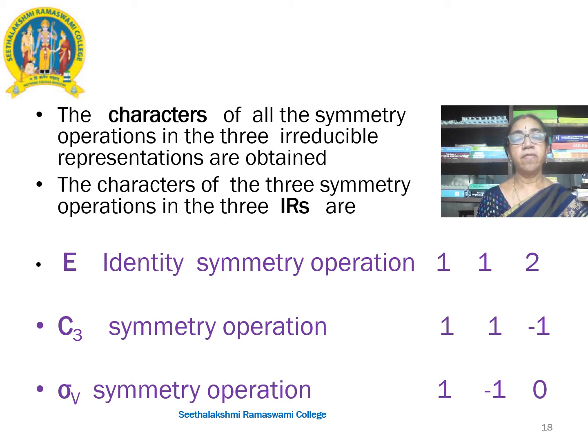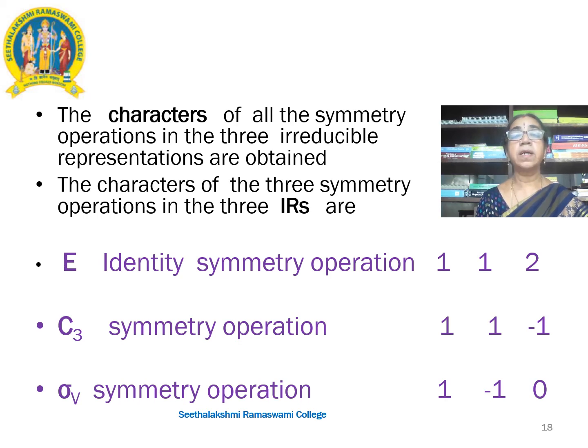The characters of C3 symmetry element in the 3 IRs are 1, 1, minus 1, and that for sigma V symmetry operation is 1, minus 1, 0. So, section 1 of the character table is constructed.